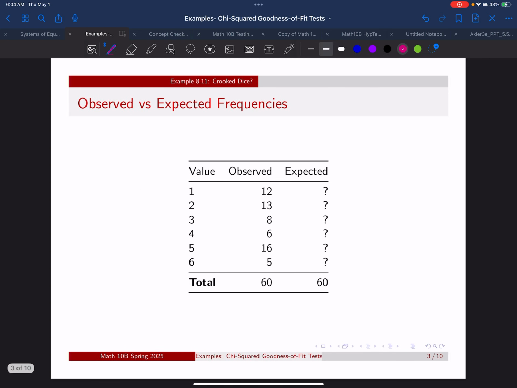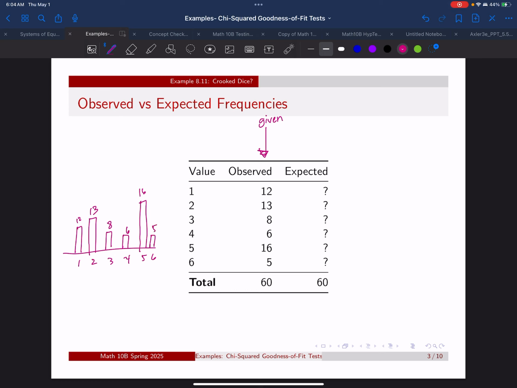Okay, so first thing we do is compute our observed versus our expected frequencies. This is the data that's given, and this, of course, is a distribution. So we could draw the distribution, 1, 2, 3, 4, 5, 6. The height here would be 12, this would be a little higher, 13, this would be 8, 6, 16, and then 5.